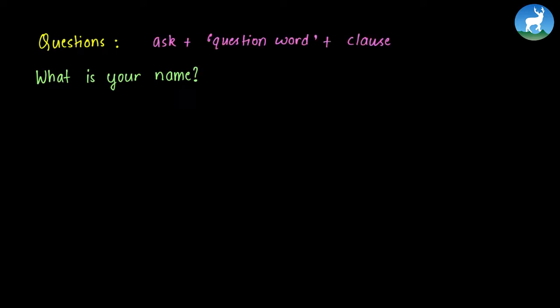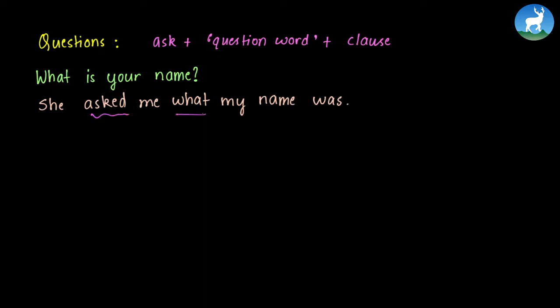And now finally for the questions, like what is your name? We use ask plus question word plus clause. Now what is your name can be converted as, she asked me what my name was. Now here, asked is the form of ask, and then we have a question word what, and then we have the clause, that is the name.